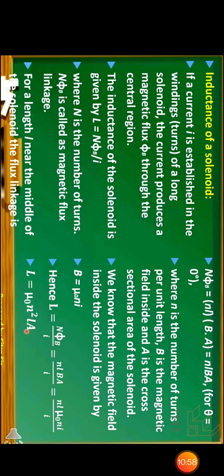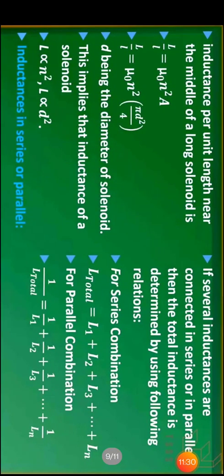Hence, L is equal to N phi B upon I. Now put the value of N phi B is equal to n l B A upon I. Therefore, we can put the value of B A as mu 0 n i upon I. Therefore, we get L is equal to mu 0 n square l into A. Here A l is equal to V, that is the interior volume of the solenoid.